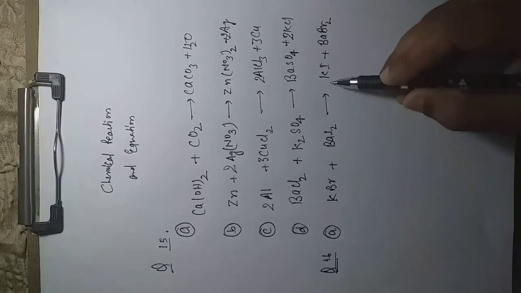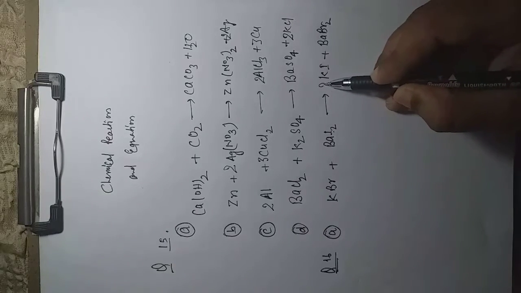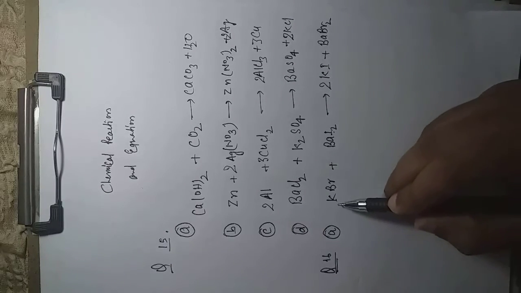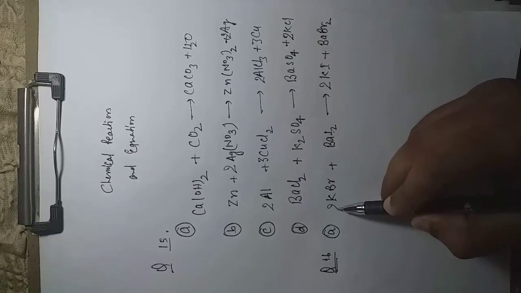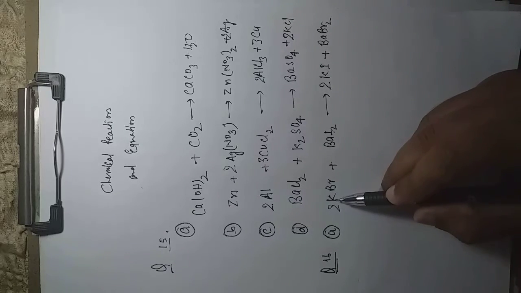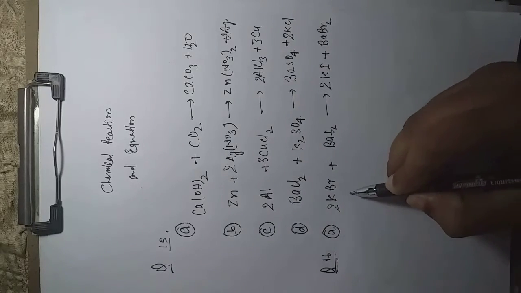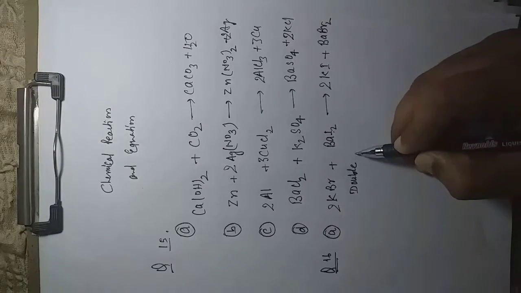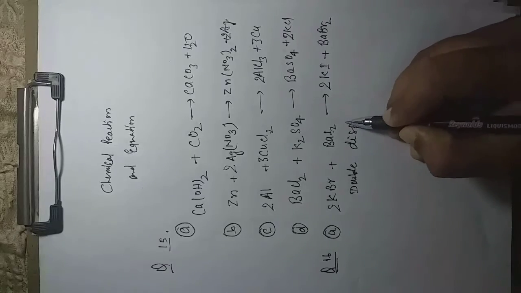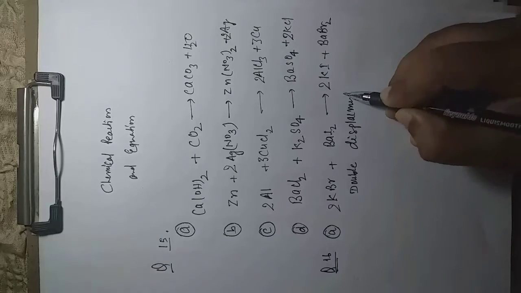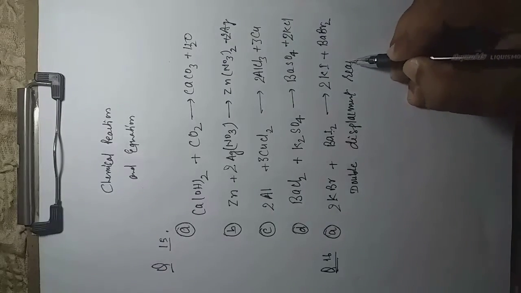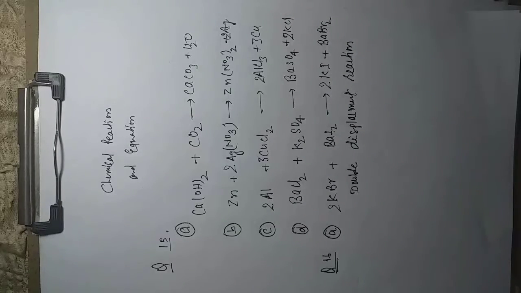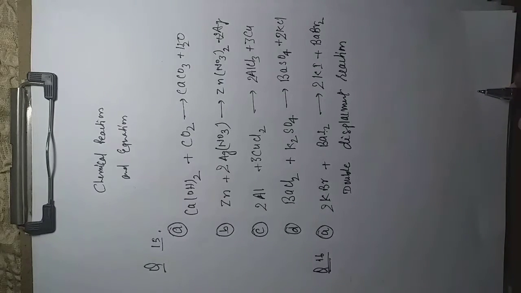So first you see this is I2, so you multiply by the factor 2, and here you multiply by the factor 2 because 2K become, here also 2K. So the answer is that its nature or type of reaction is double displacement reaction. You have to write like this. This is the nature, double displacement reaction.